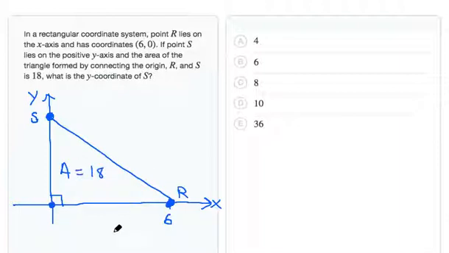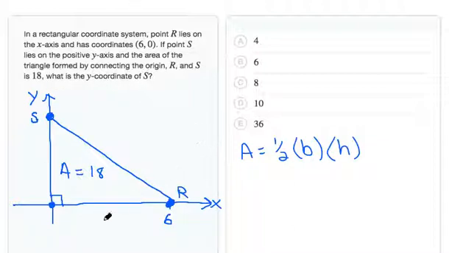Now, the area for a triangle is 1/2 times the base times the height. So if we can identify the base and the height here, we'll be able to find what we're looking for. We're asked: what is the y-coordinate of S?